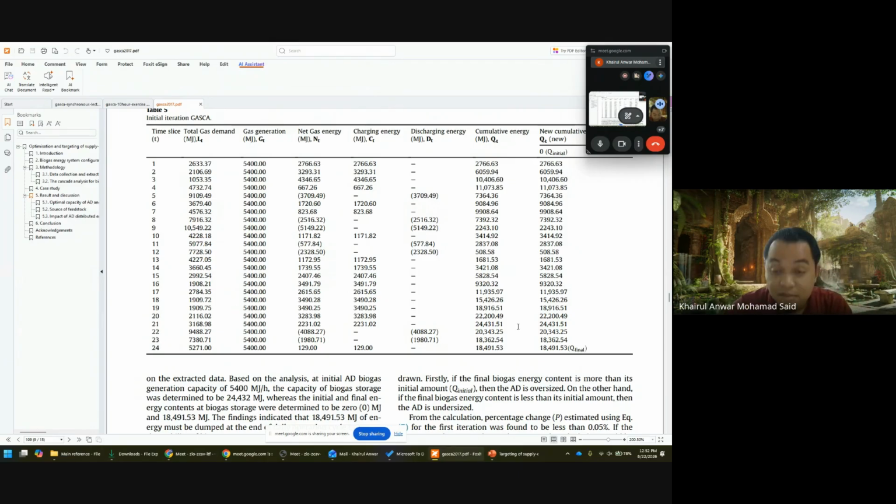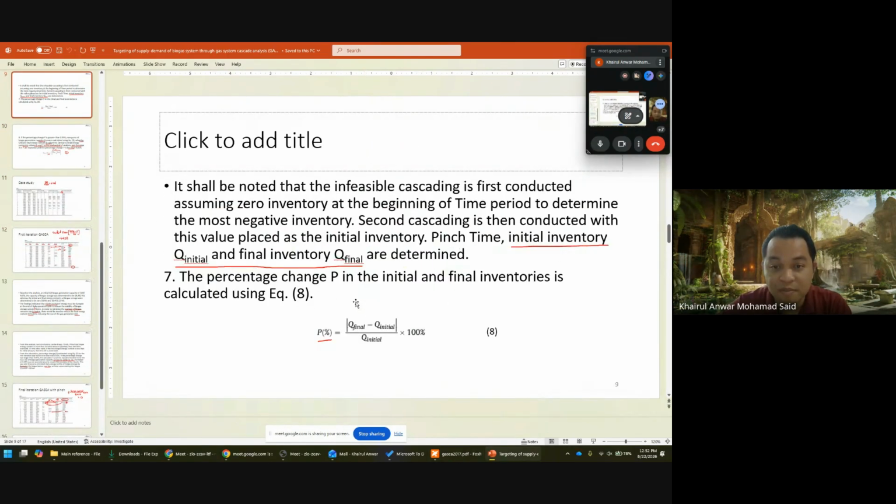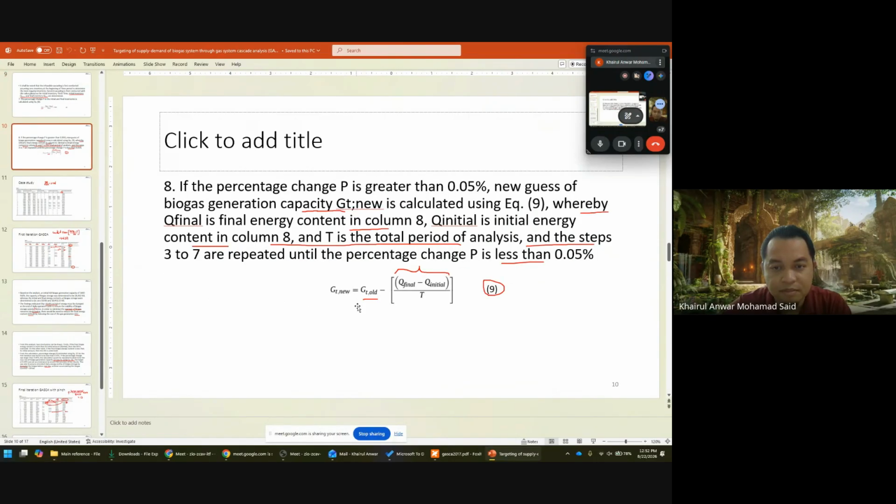Okay. So next we need to identify a new value for GT using the first initial iteration. So GT new equal to GT old, which is 5400, minus Q final minus Q initial, divided by T. So T here refers to how many time slices or total period.